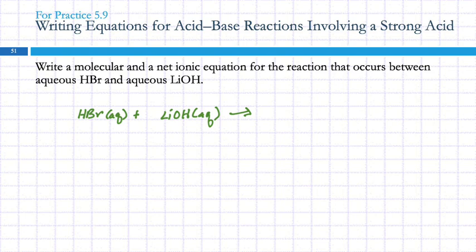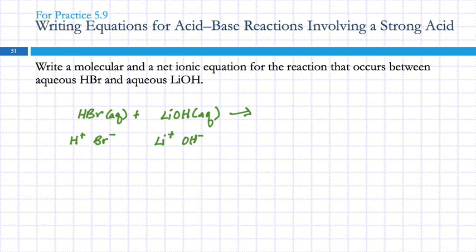How do we predict the products? We think about the pairs of ions going to a party and mingling, possibly swapping partners. So HBr is going to make hydrogen ions and bromide ions. Lithium hydroxide has lithium ions and hydroxide ions.